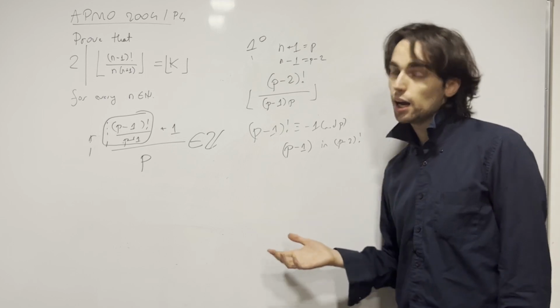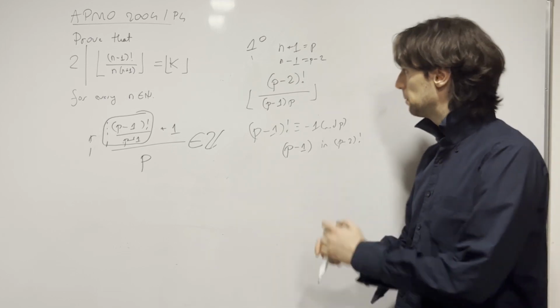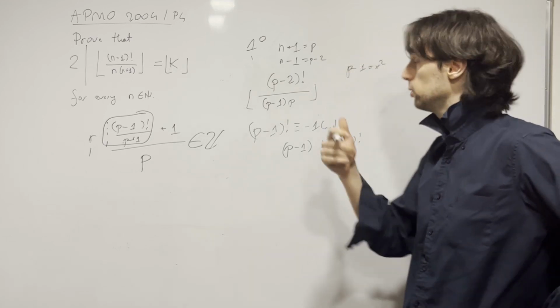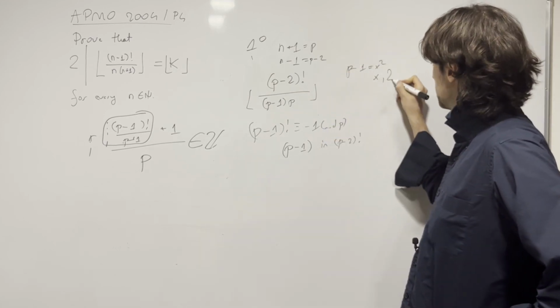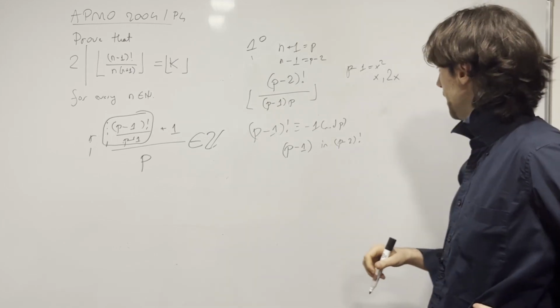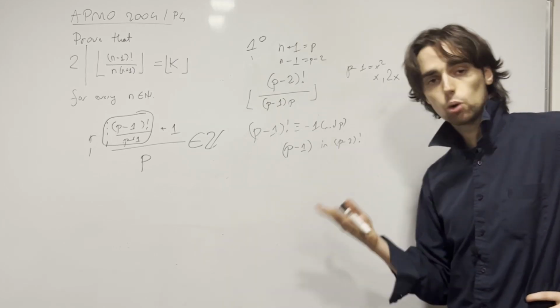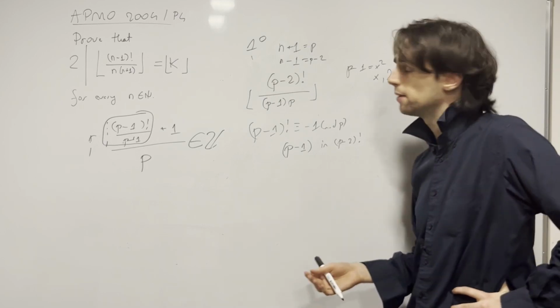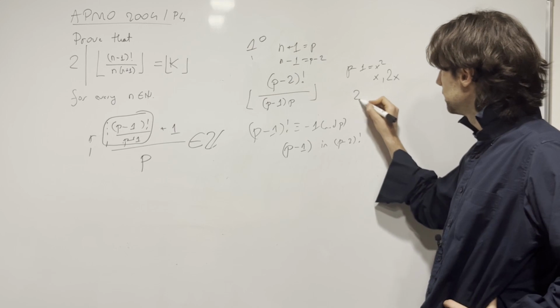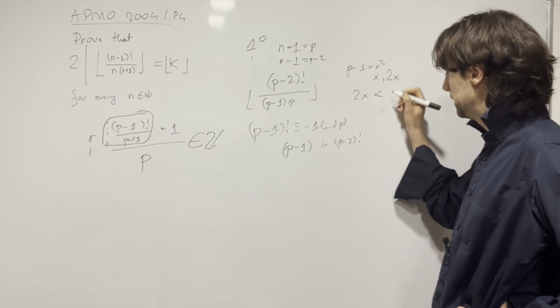This is not a prime, so is p minus 1 a square? Oh, what do we do then? Well, then x and 2x are both in (p minus 2)!. And so we're good even if p minus 1 is a square in that case. And we are good because 2x is less than, what's it called?